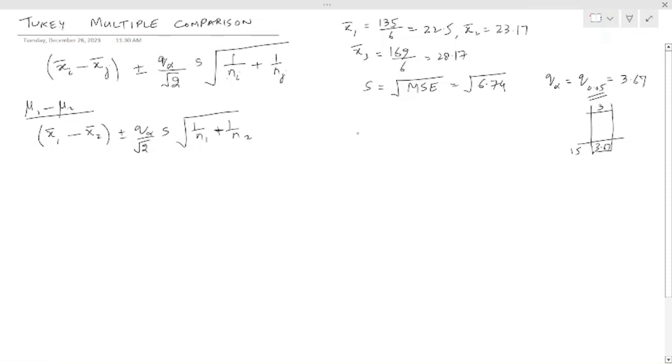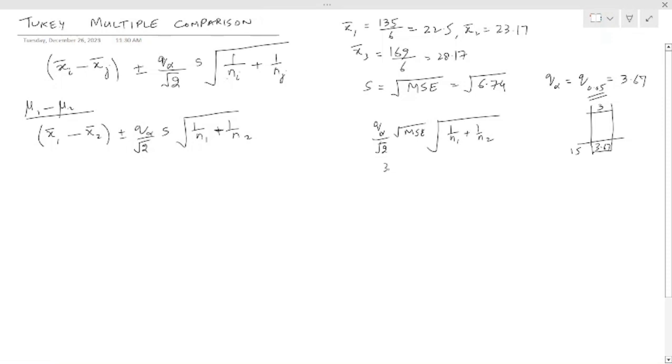So now it is better if we compute this margin of error part of this CI formula, because this is looking like a CI formula. So q alpha divided by root 2 times square root of MSE times square root of 1 upon n1 plus 1 upon n2.